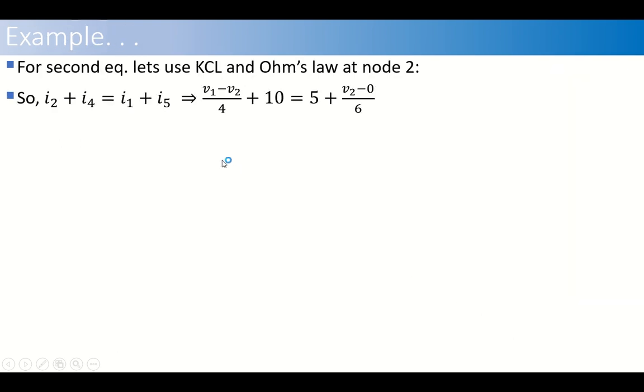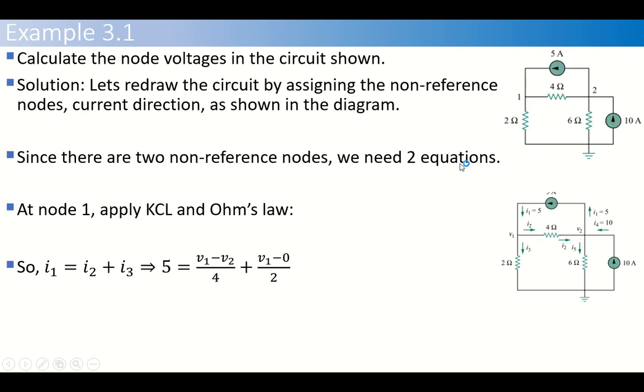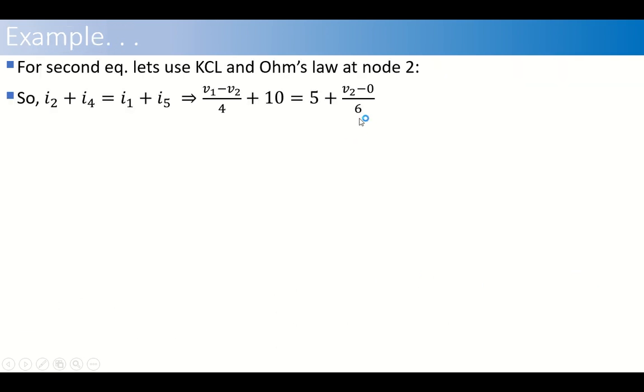So (V1 minus V2) divided by 4 plus 10 should be equal to I1, which is 5, plus the current in the 6 ohm resistance, which will be (V2 minus 0) divided by 6. This is the equation for KCL at node number 2.